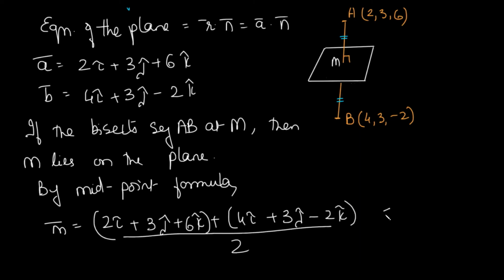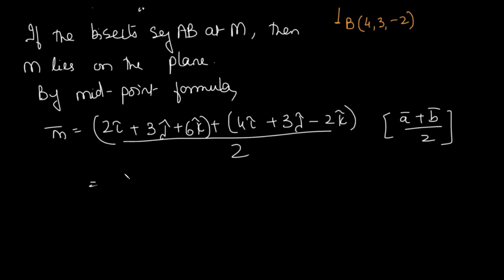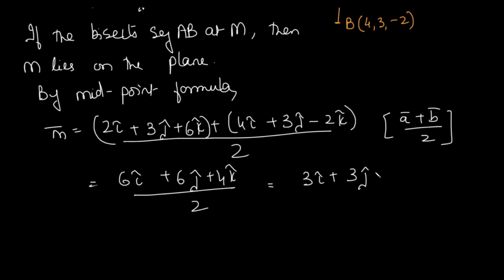So remember, you have used the formula this way, (A plus B) upon 2, for finding M bar. Okay, so thus we get the answer this way, that is, it becomes (6i plus 6j plus 4k) upon 2. And we can write it as 3i plus 3j plus 2k, because 4 upon 2 is 2. So this becomes our M bar. So we have already got the position vector of a point on the plane.